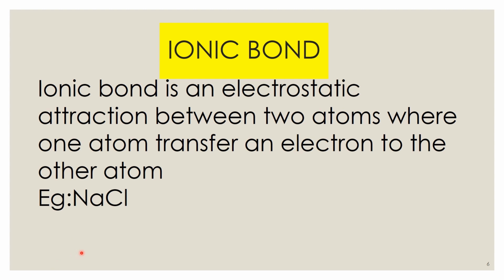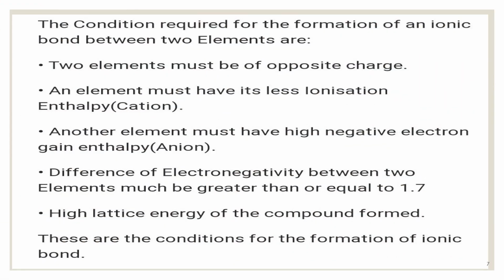Ionic bond is formed only between metal and non-metal. The electronegativity difference is equal to 1.7 or more than 1.7. Here I am giving you some of the important conditions required for formation of ionic bond. Please read carefully and note down. This is very important for exams.